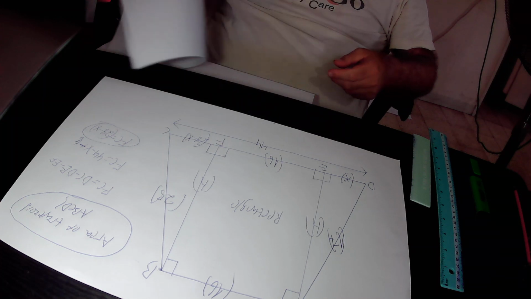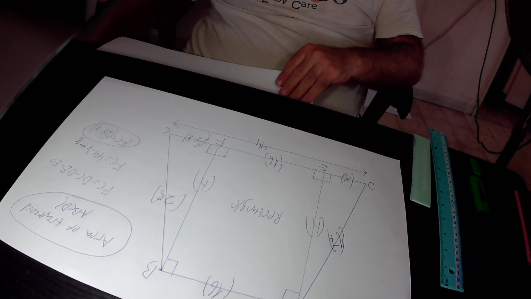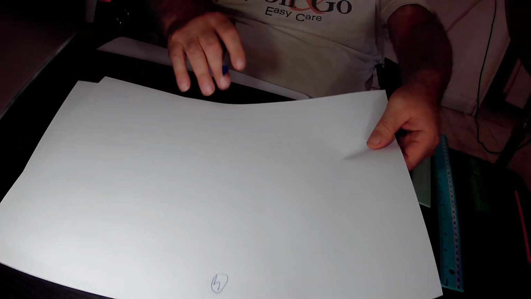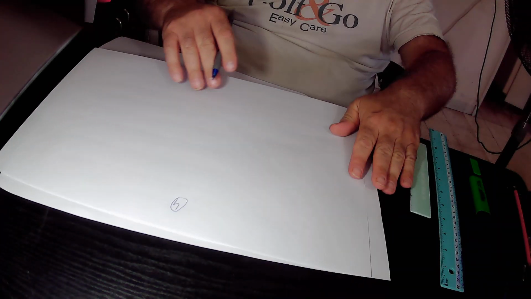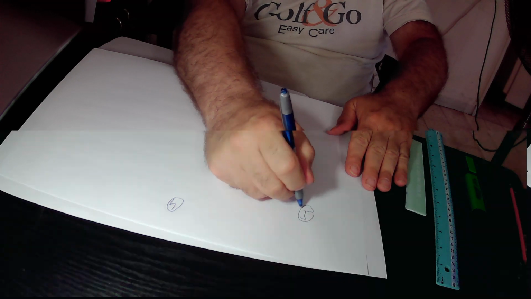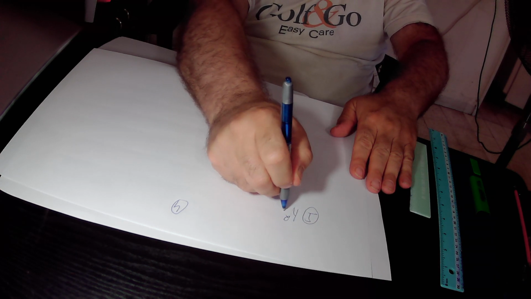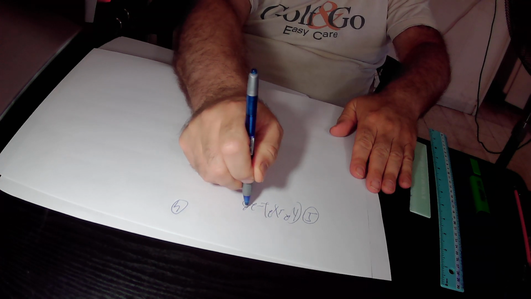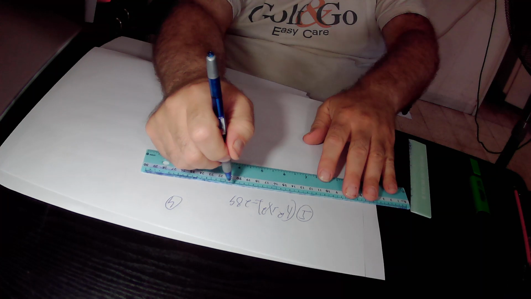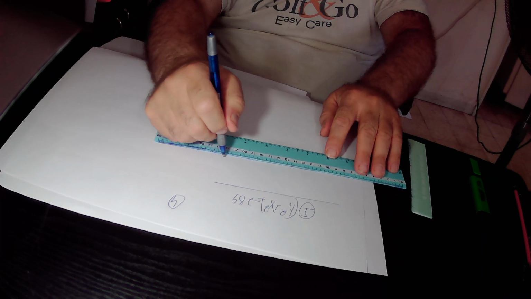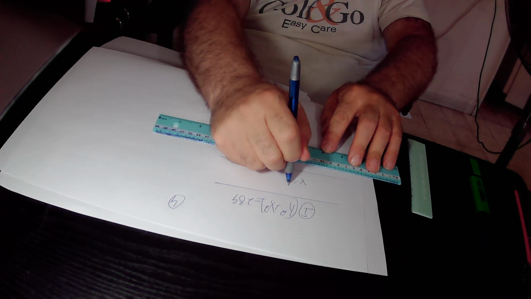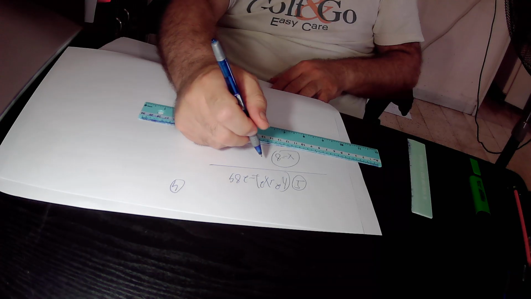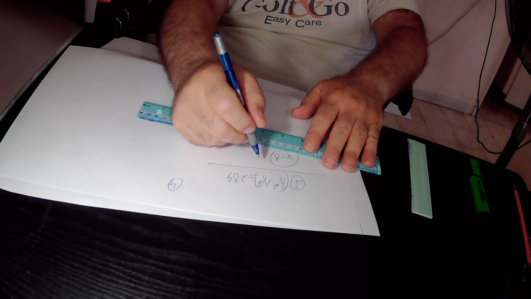And according to equation 1, we already found out that h squared plus X squared equals 289. We also just found out that X equals 8. If X equals 8, it means that X squared is 64. Therefore, we can substitute X squared in equation 1 by 64.